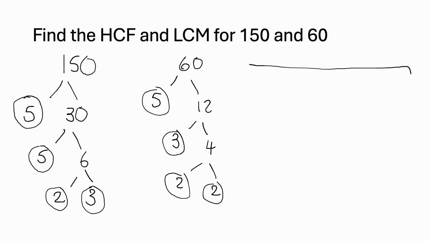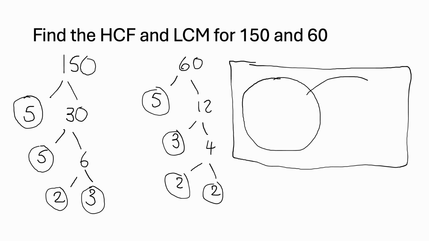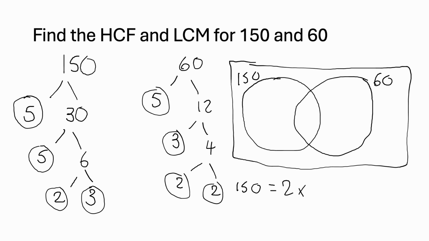Then we draw our Venn diagram. So 150 and 60. 150 is equal to 2 times 5 times 5 times 3. 60 is equal to 2 times 2 times 5 times 3.